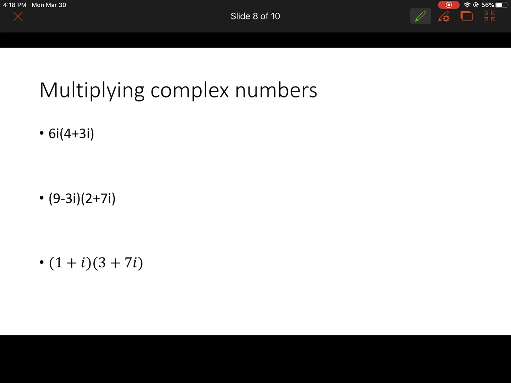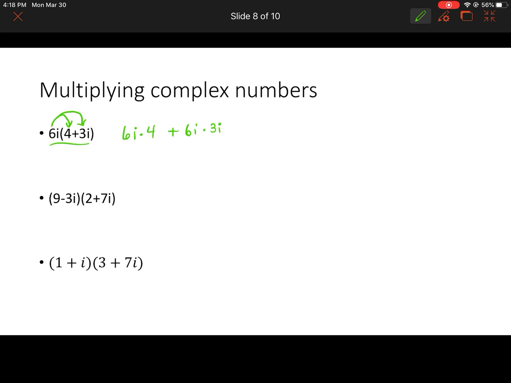So anytime you see something like this, you actually do want to distribute. We have 6i on the outside, so we're going to multiply that onto the inside. 6i times 4, and then 6i times 3i, and that's going to be plus 6i times 3i.